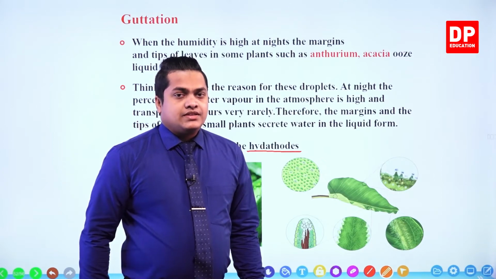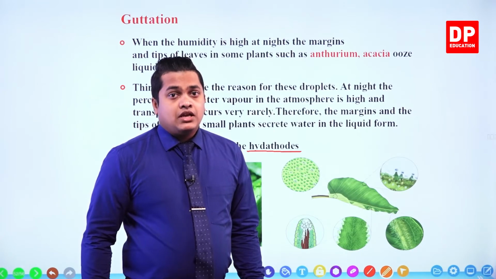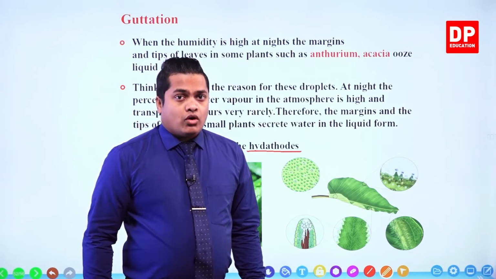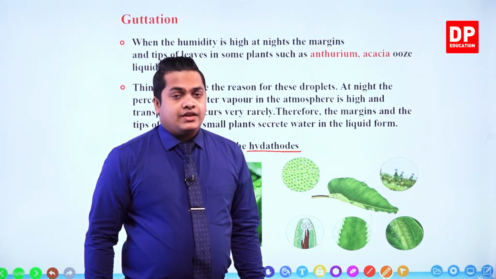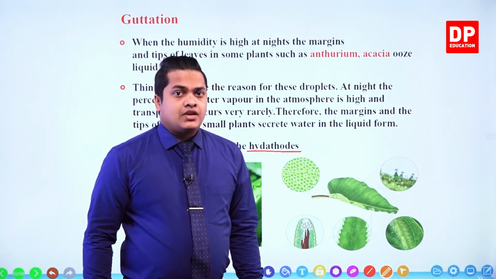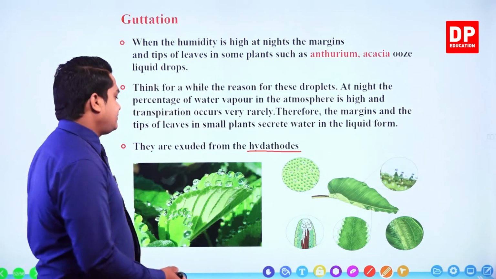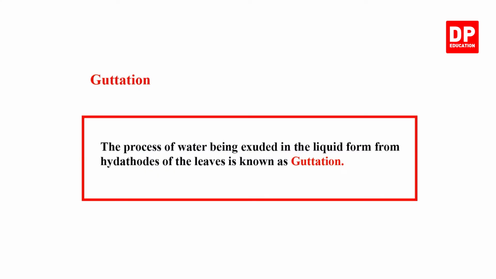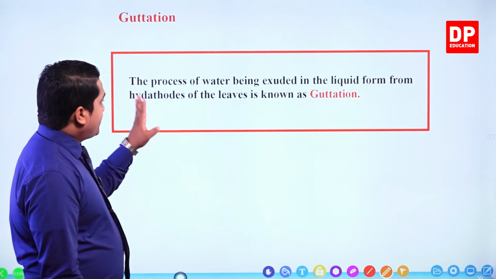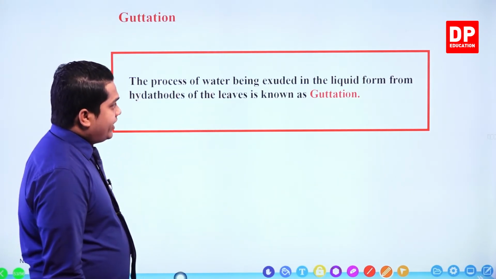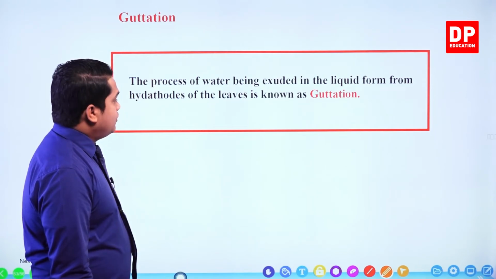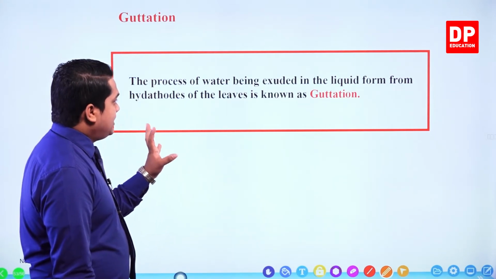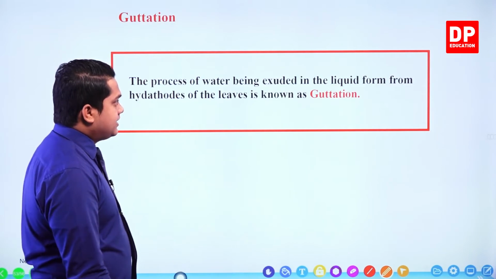Right, so this is another biological activity that's going to occur within the plant, which is helpful in maintaining water balance. Right then, so guttation is given, my dear children, the process of water being excluded in the liquid form from hydathodes of the leaves is known as guttation.